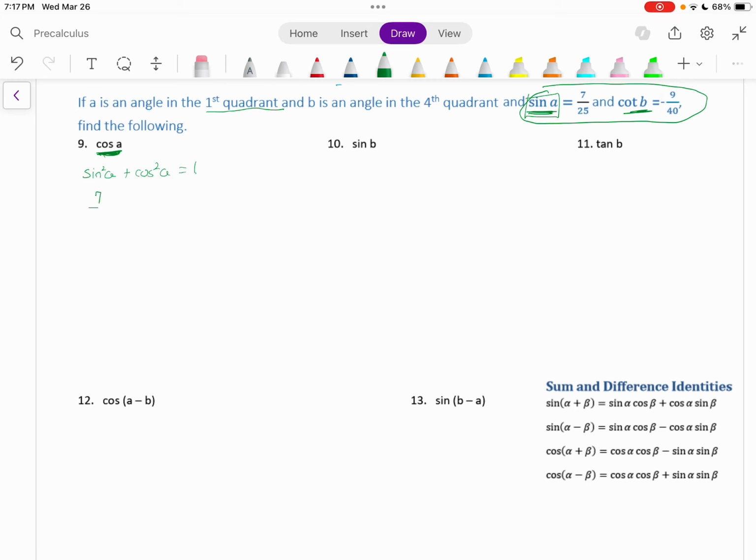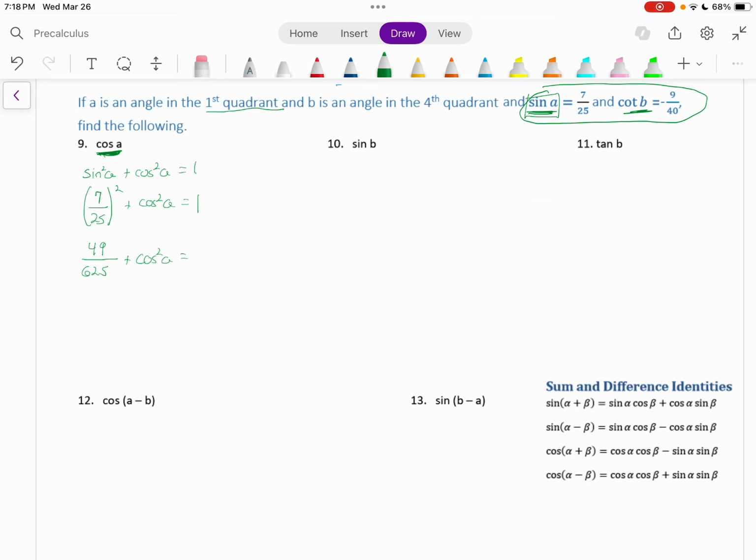Now we know that sine of A is 7/25. But we don't want sine of A, we want sine squared. So this is (7/25) squared plus cosine squared of A is equal to 1. So we're going to square these. 7 squared is 49. 25 squared, you can use a calculator, that's 625, plus cosine squared A equals.